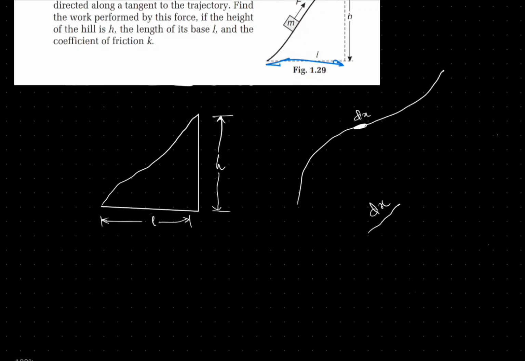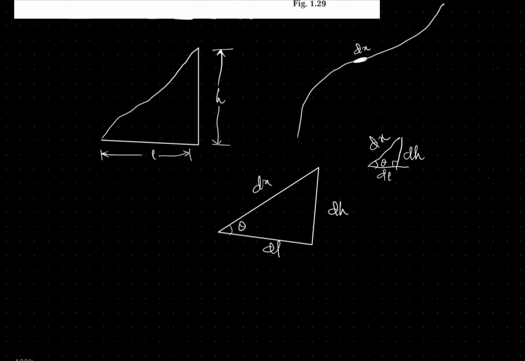And if we make a right angle triangle, we can take these as dl and dh, and consider a theta here. So I'll show it in a bigger manner. This is dx, this is dh, this is dl, and this is theta.